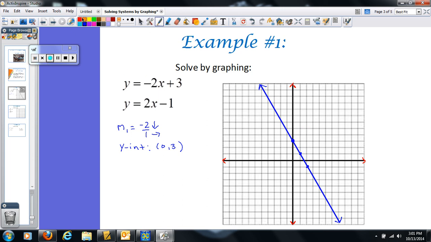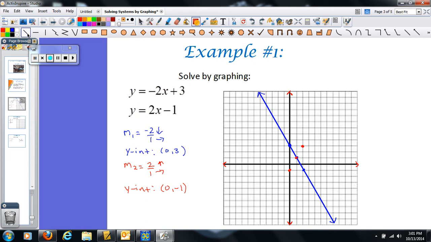So then the next one we'll go ahead and we'll do in red. Your slope for your second equation is 2. Put it over 1, which means I go up 2 and I go right 1. My y-intercept then is the point 0, negative 1. So I'm going to graph 0, negative 1, up 2, right 1, put a point, up 2, right 1, put another point.